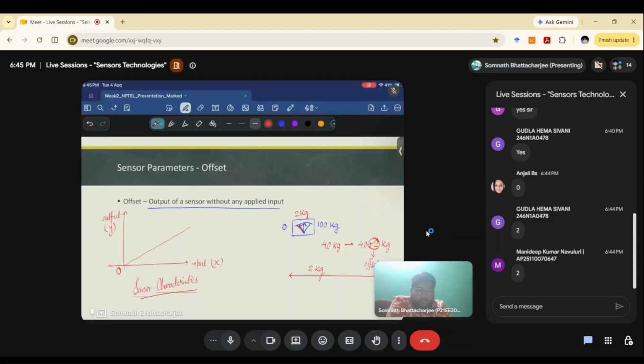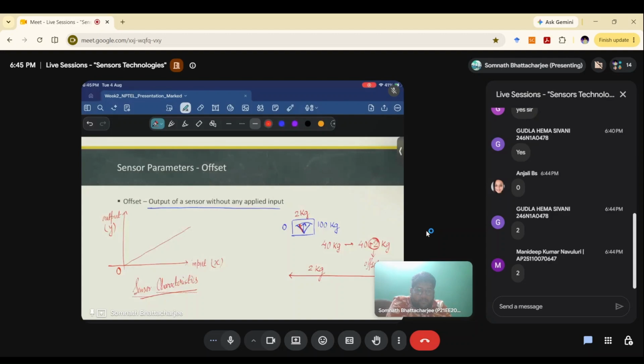The offset is nothing but 0, right? So at a point where we are not giving any x to it, so at x equals 0, what is the value of y? For this case, the value of y is 0, so the offset value is 0.